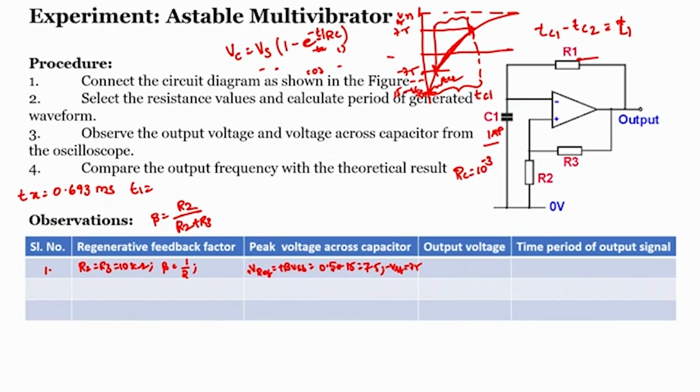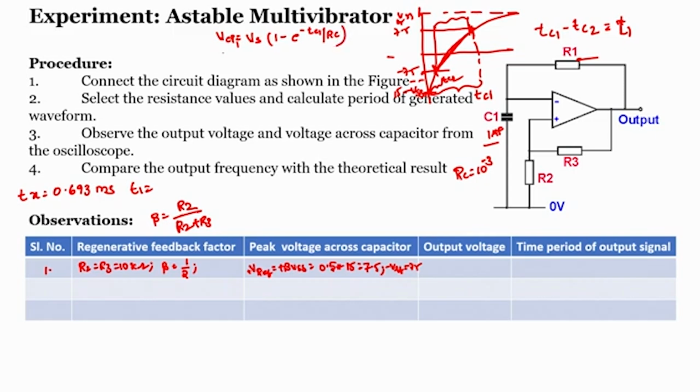The same formula, because this is a charging of a capacitor, but T in this case is TC1. So, VC reference 1, the positive reference, is equal to VS into 1 minus e power minus TC1 by RC, right. This is the formula for the capacitor charging.